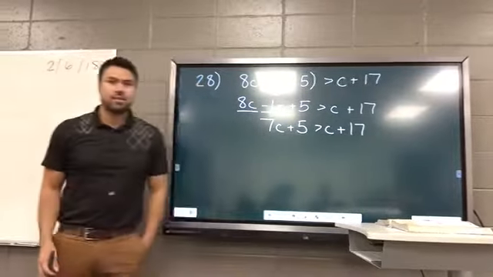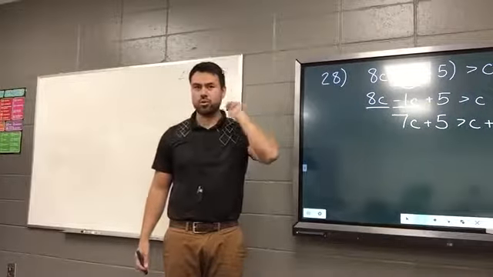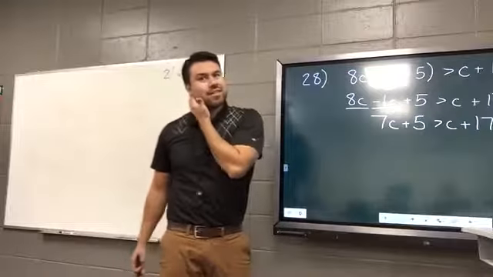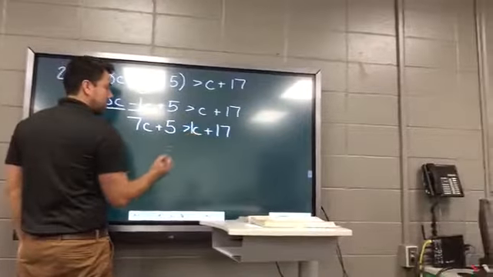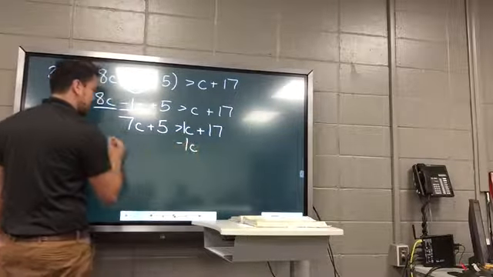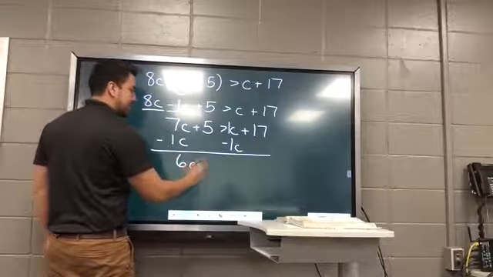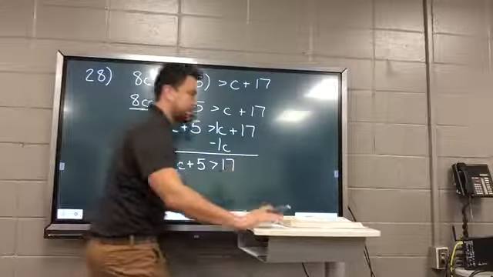Okay, step 3, get the variable to one side or the other. Your choice. Jack? Subtract 1c. Good. There's a 1c here, so if I subtract 1c from both sides, I get 6c plus 5 is greater than 17.